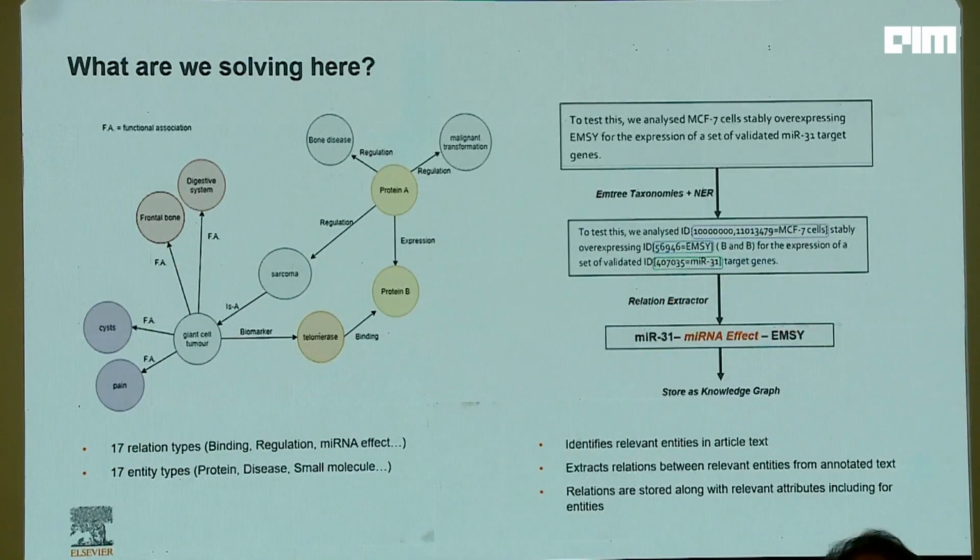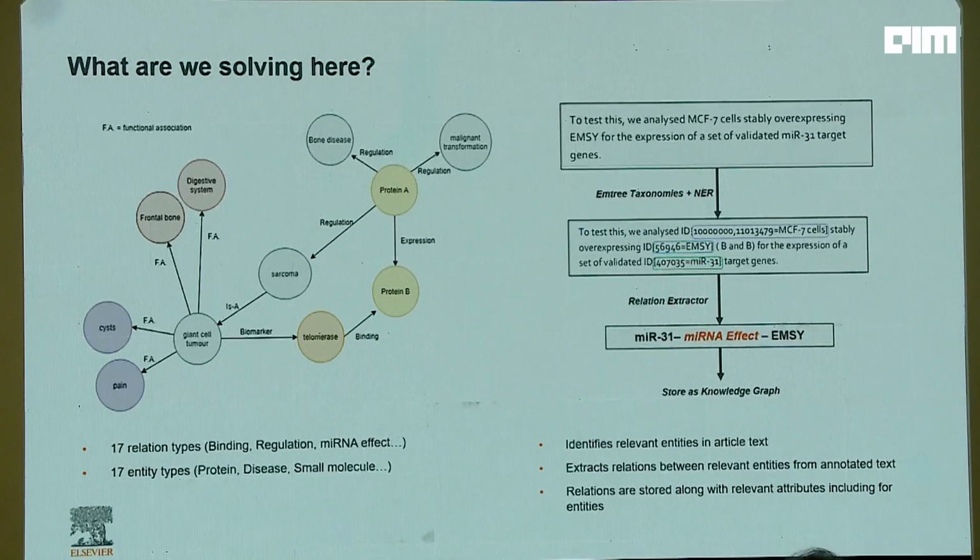Both of these applications are supported by a common principle of data pipeline, and they needed some additions to these pipelines, some improvements to these pipelines, and that is what we focused on. Here, in this case, we worked on relationships between entities. In the diagram here, you see in yellow, proteins.